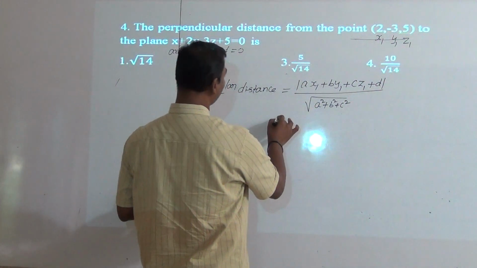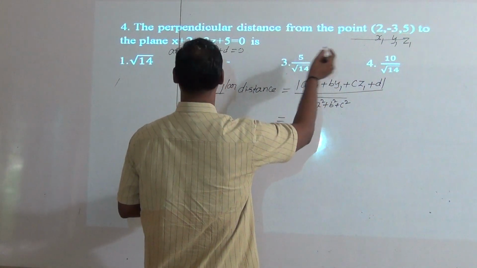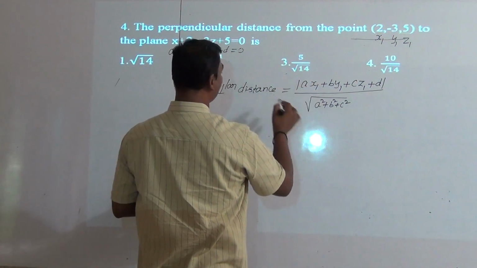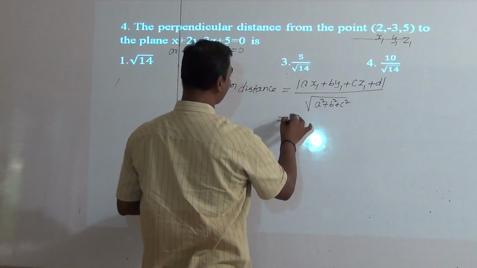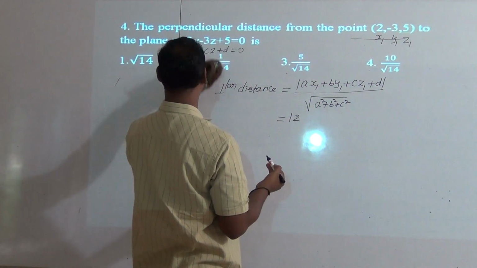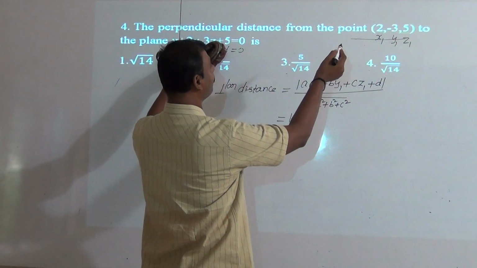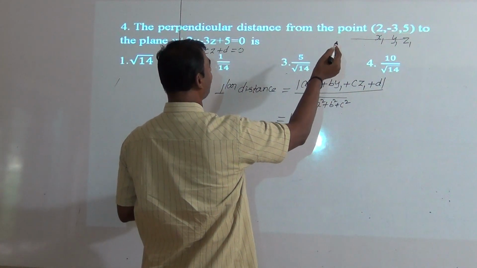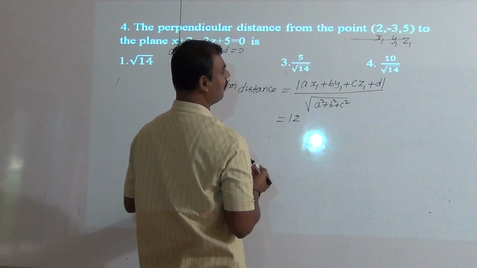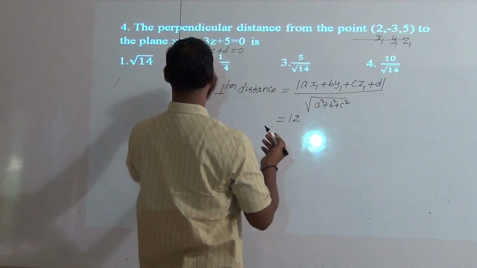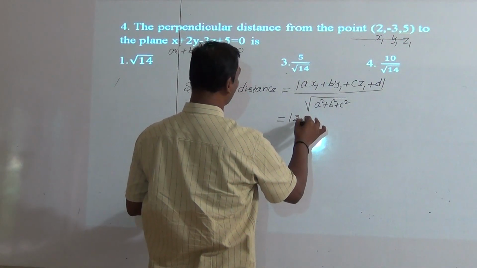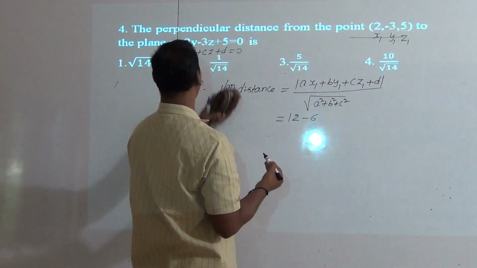Can you do this one? Very simple. 2 into x value 1, that is 2, take the magnitude. Next 2 into y1, that is minus 3. Put x equal to x1, y equal to y1, z equal to z1. So 2 into minus 2 minus 3, it becomes minus 6.